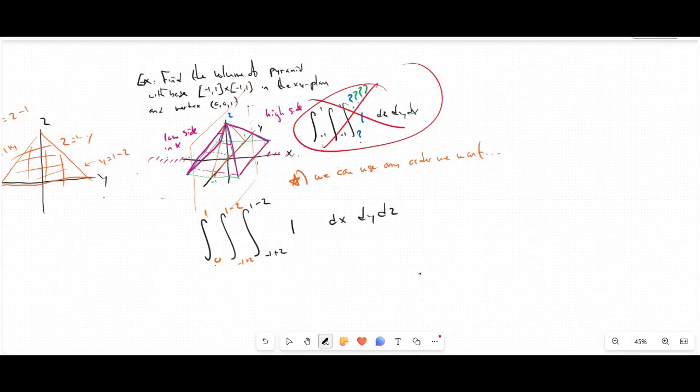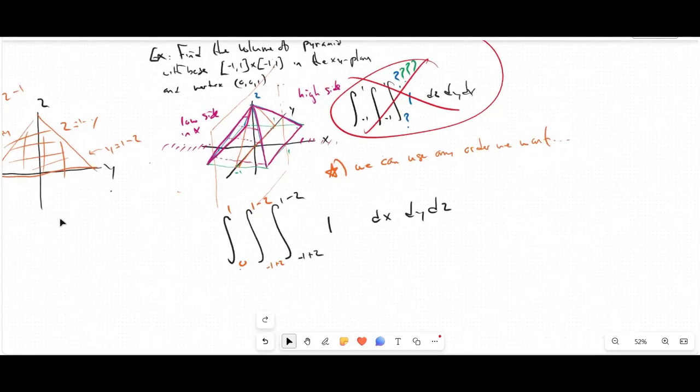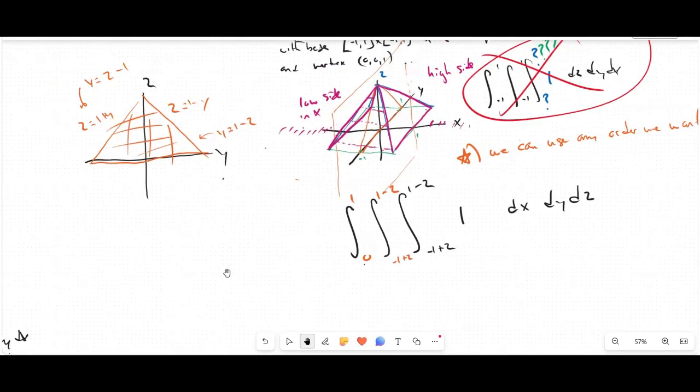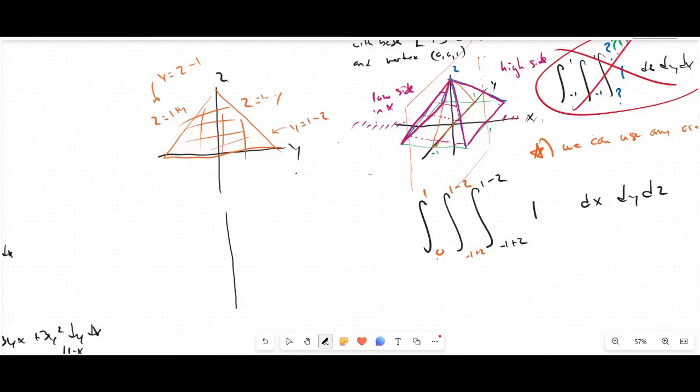Let me be clear now why that is. If you picture the pyramid, the base is somewhere right here. We can't see it because this is z and this is x, so the YZ plane is right here.